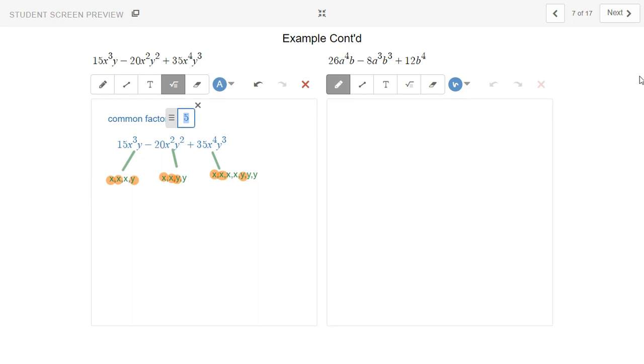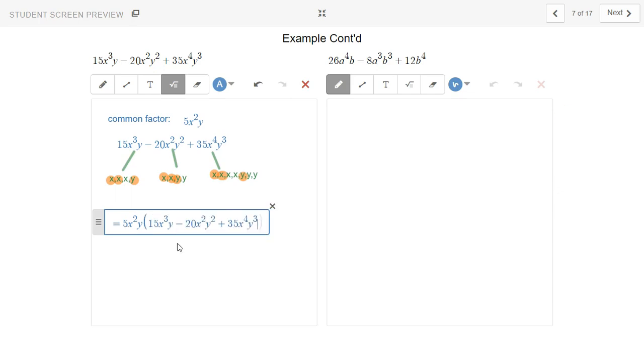So our common factor, we have 5, two x's, which is represented by x squared, and one y. So this is our common factor. Let's put that on the outside of the bracket, 5x squared y, and we're going to rewrite the inside and divide each term by 5x squared y.